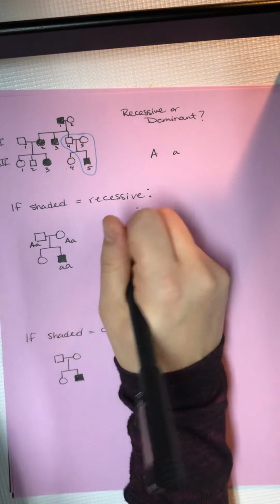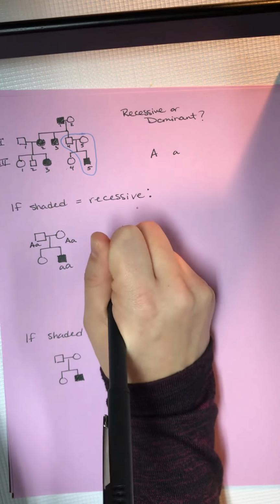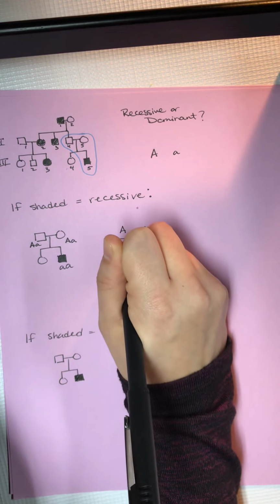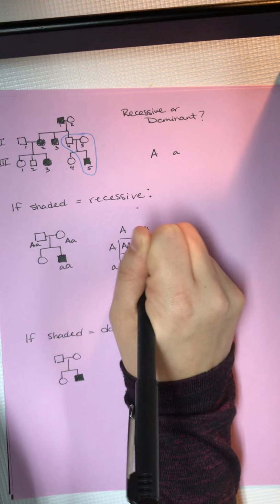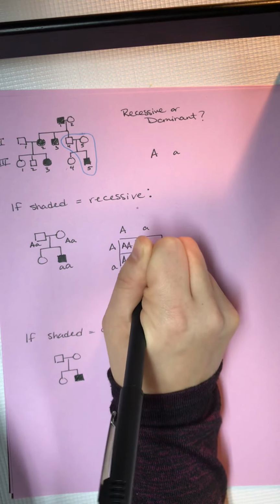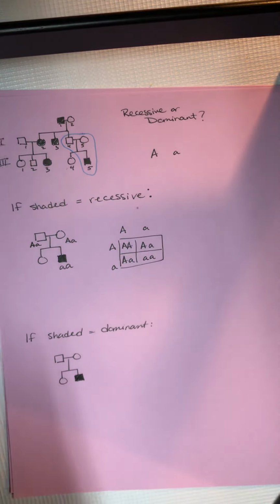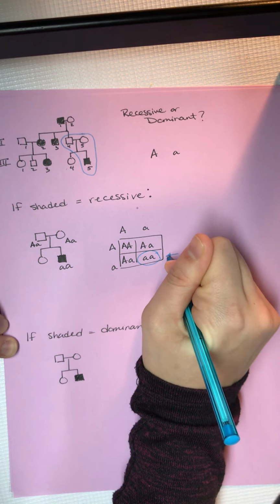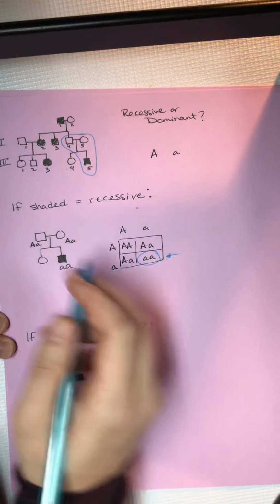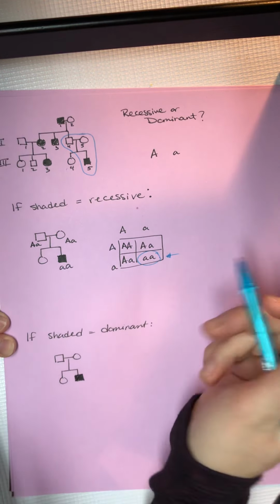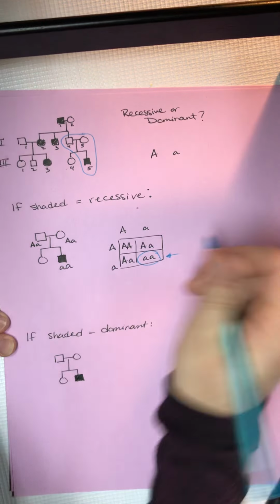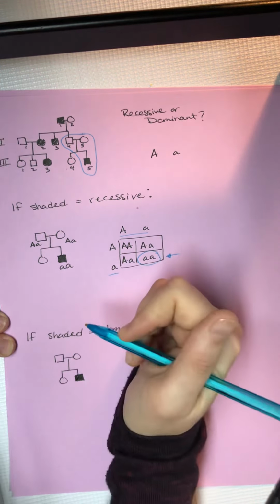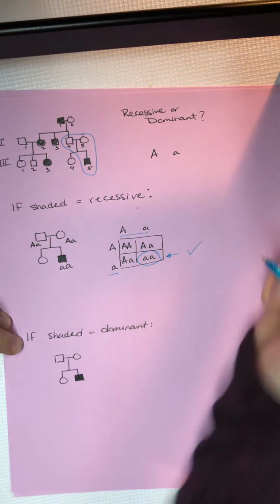And you'll see if we do a Punnett square, you can then see here that it is possible to have this recessive offspring, or an affected offspring, if we assume that it's a recessive trait, with two unaffected parents, if these are their phenotypes here. So it is possible.